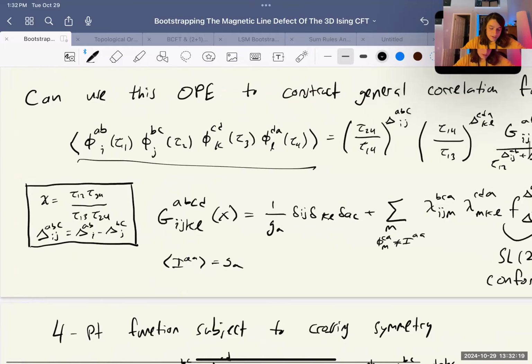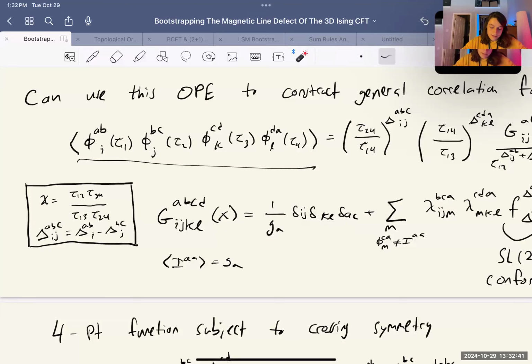But what we're going to do is choose some normalization for all of the defect changing operators that makes their 2-point functions be just 1 over some power law. And then when you do this, you find that the G function will appear as the coefficient of the identity conformal block, which in this case is just 1.